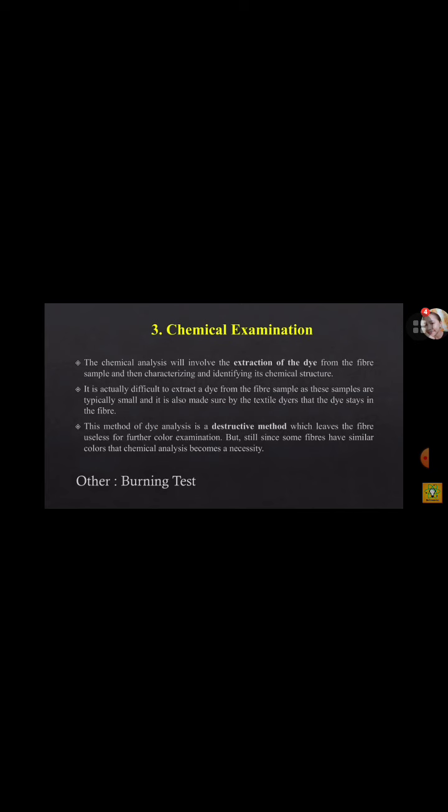This method of dye analysis is a destructive method which leaves the fiber useless for further color examination. But still, since some fibers have similar colors, chemical analysis becomes necessary. Another method is the burning test.